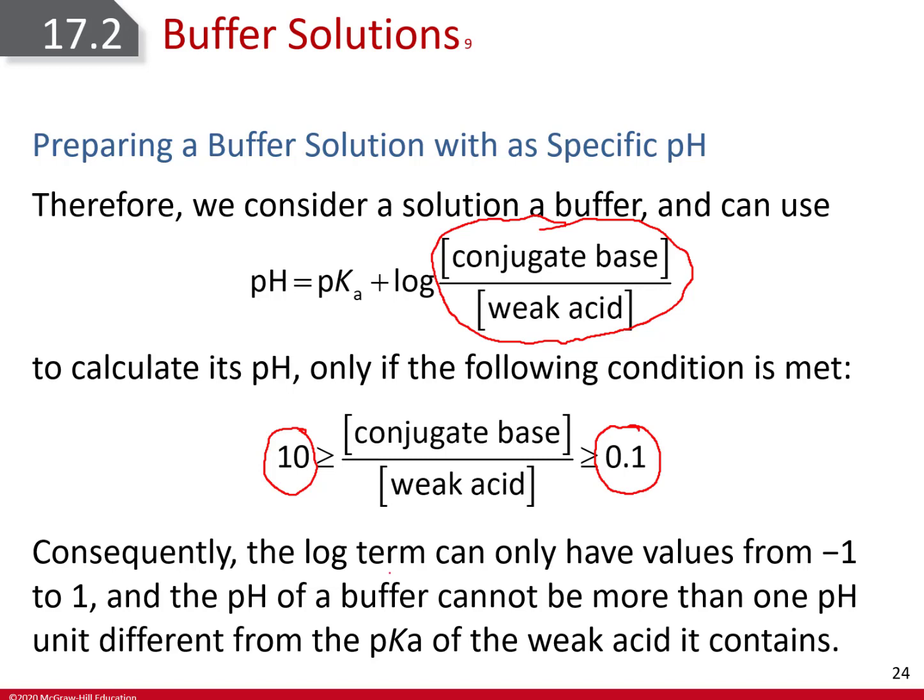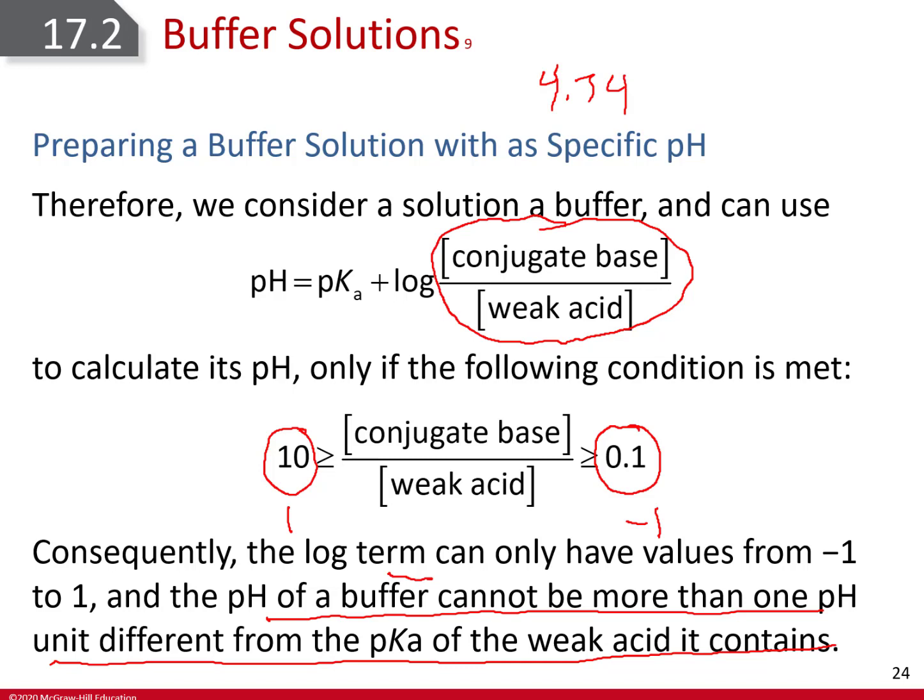So if you take the log of this, it's 1. The log of this is negative 1. And so the pH of the buffer cannot be more than 1 pH unit different from the pKa. So if the pKa is 4.74, we cannot exceed 5.74, and we cannot drop below 3.74.